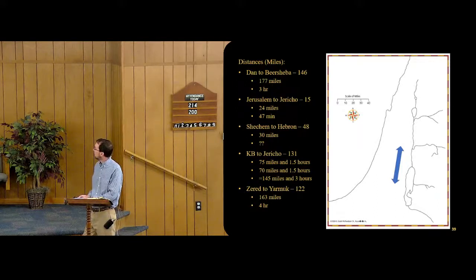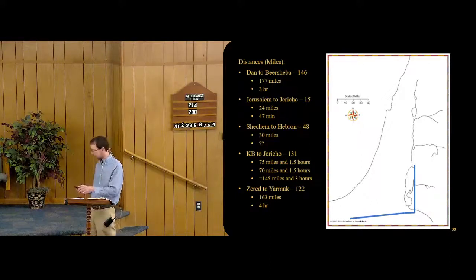Okay, and then this next one that I found was interesting, and I just drew it out on Google Maps because you're crossing country boundaries, so you wouldn't be able to drive it either. But if you're going from the Kadesh Barnea area up over to just across from Jericho, just roughly snap that line there, that's about 130 miles. This first stint of it is right about 75 miles, and this next length is about 70 miles, and both of those would take about an hour and a half to drive.